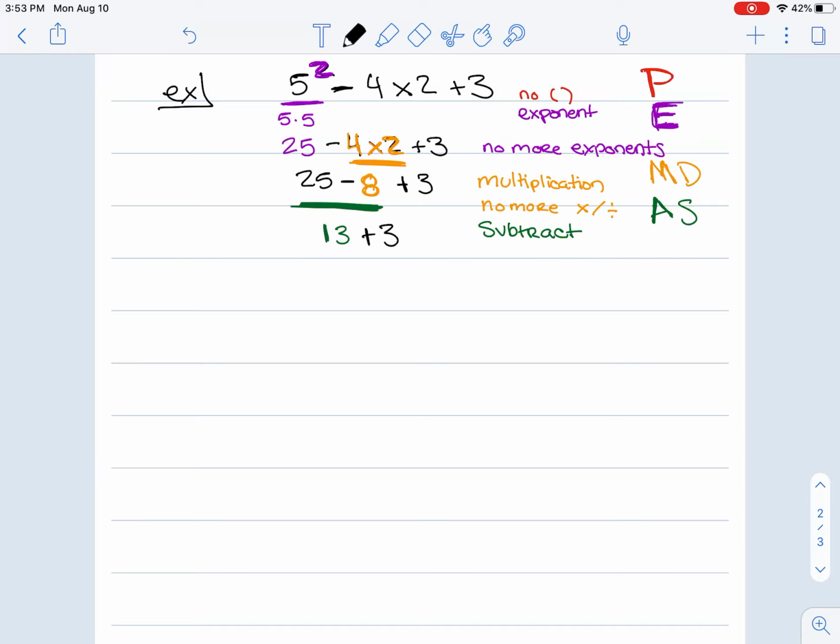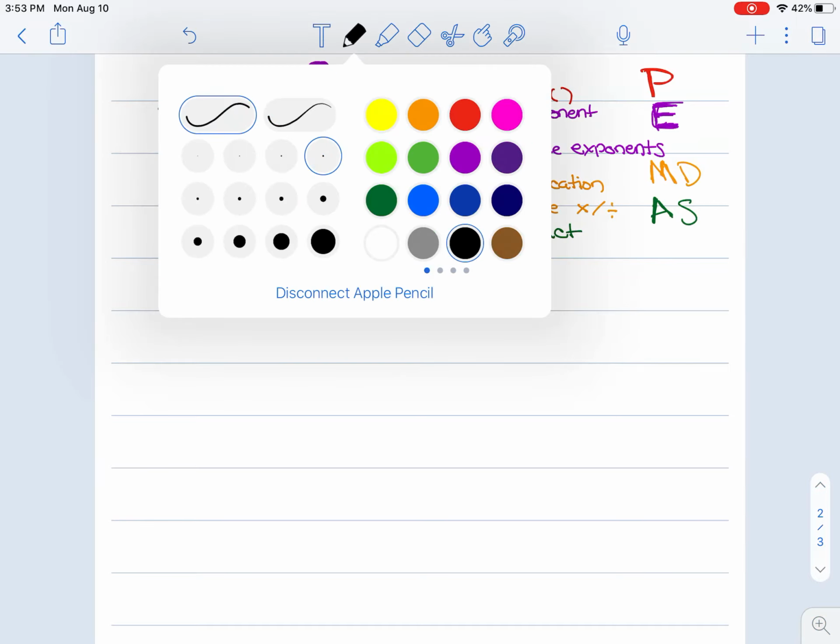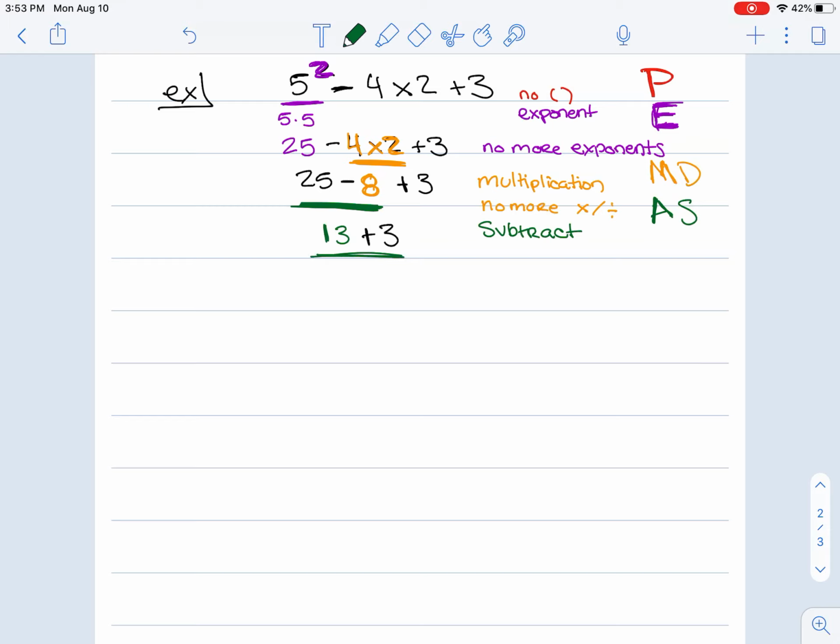Plus 3. So I brought that 3 straight down. I'm sticking with green because it's addition or subtraction. And I'm going to use the 13 plus the 3 to get 16. That's my answer.